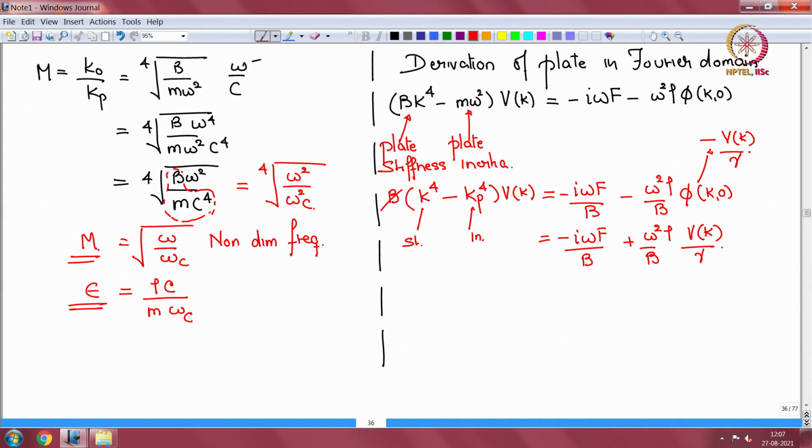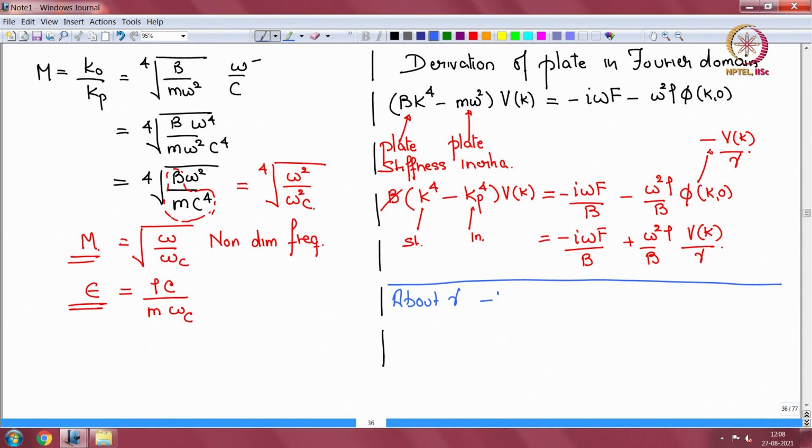Now about gamma, let us see. How did we formulate the 2D wave equation for the potential?